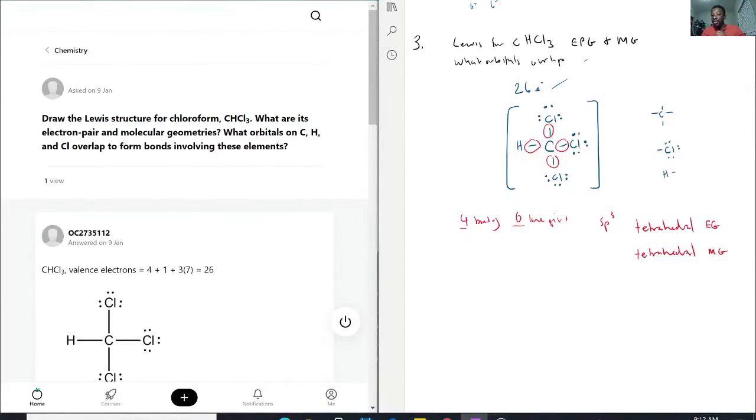Now this one is a little bit tricky. For this, we can say that for the hydrogen to the carbon, because hydrogen only has the s orbital, it's an s, and because the carbon, as we said, was sp3, I do believe it's an sp3 overlap, and then the chlorines are all just overlapping sp3.